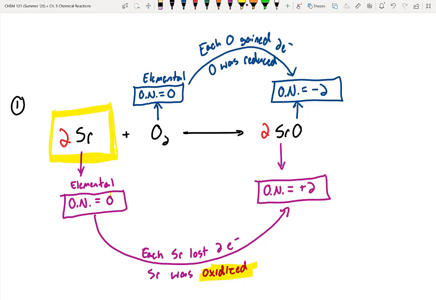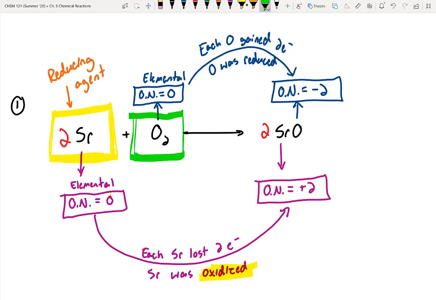Yeah, exactly. One way to always remember it is it's kind of flip-flopped. So this right here is going to be our reducing agent. And then this reagent over here, O2, this must be our oxidizing agent, because it has the atom or element that's getting reduced in the overall process. Make sense?